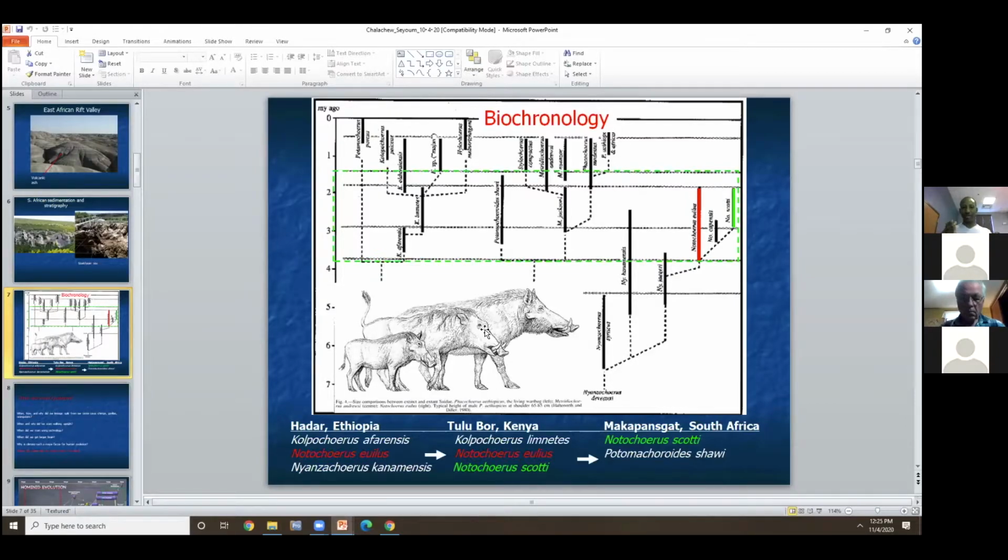We have this taxa well dated in East Africa, particularly in the Omo region, so we can use this biostratigraphic technique to reconstruct the age in Southern Africa. Okay, so this is just general information about East and South Africa.